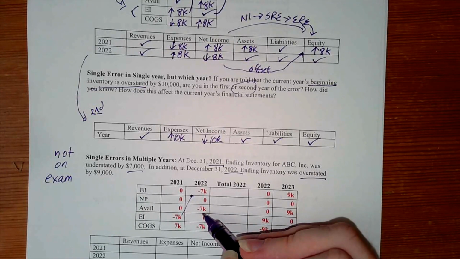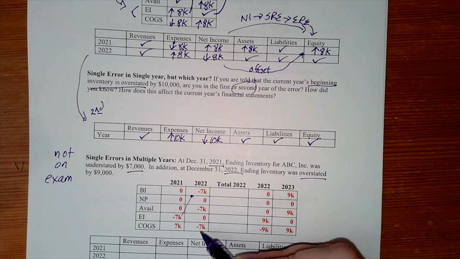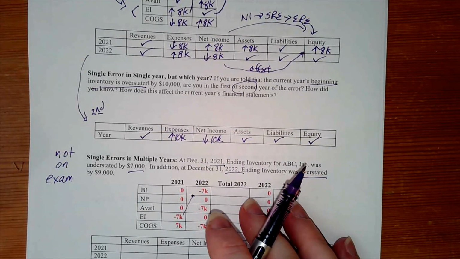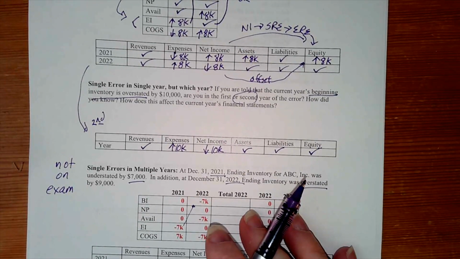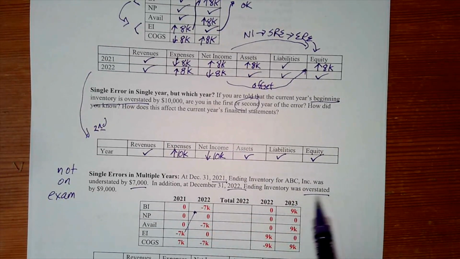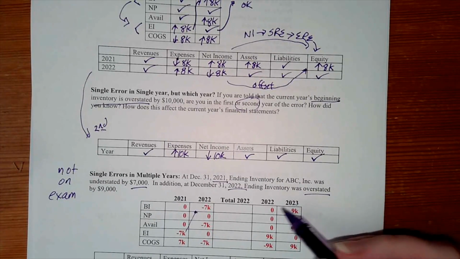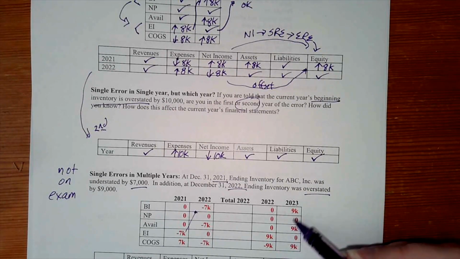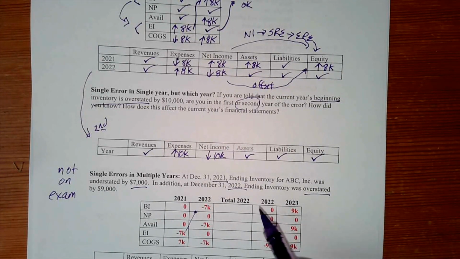Therefore, goods available for sale are understated, and therefore COGS are understated. That follows the pattern of up here. So we have the same thing, but starting in 22, we have overstatement here, and the rest of it coming through.